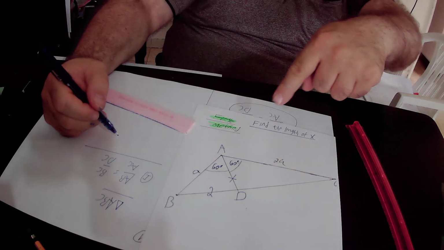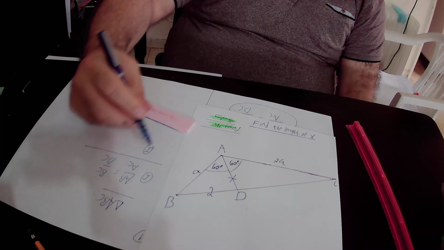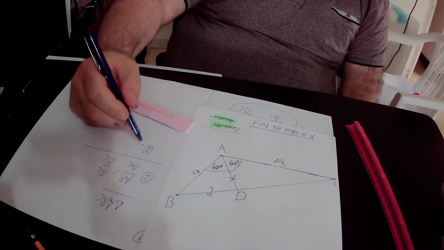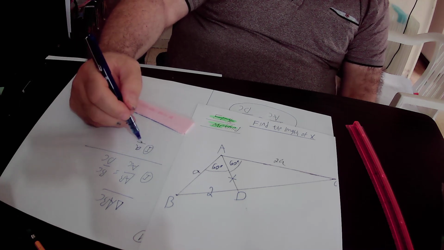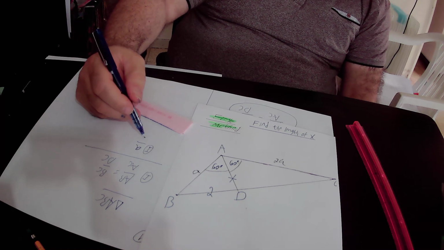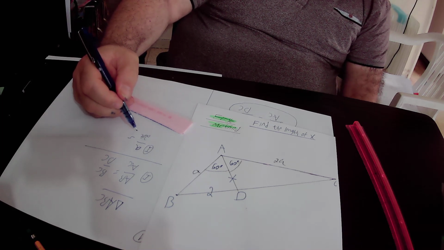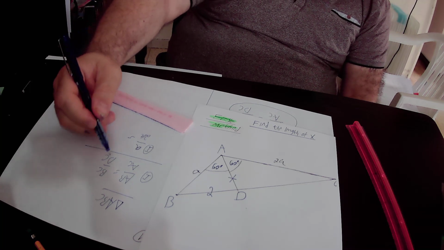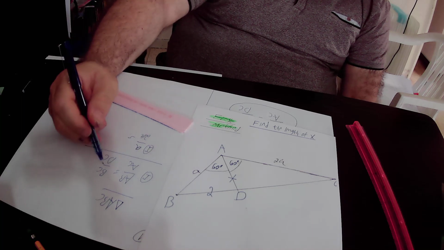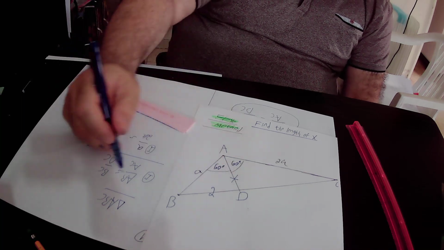AB over AC equals BD over DC. AB equals A, it is given in the question. So we substitute AB by A and AC by 2A, and it is equal to BD, this is BD of course.